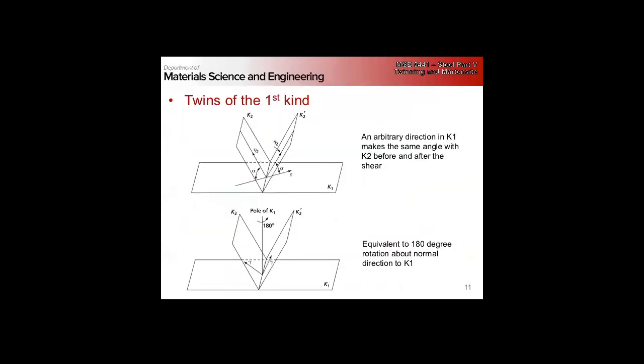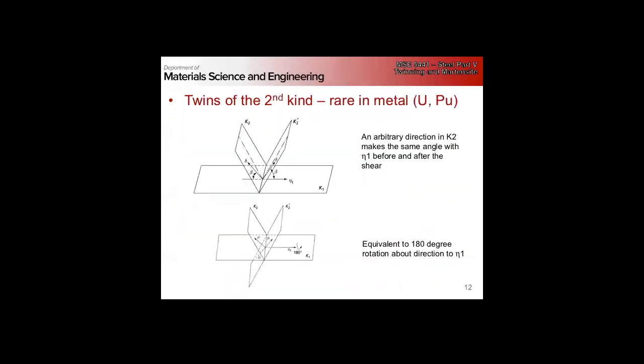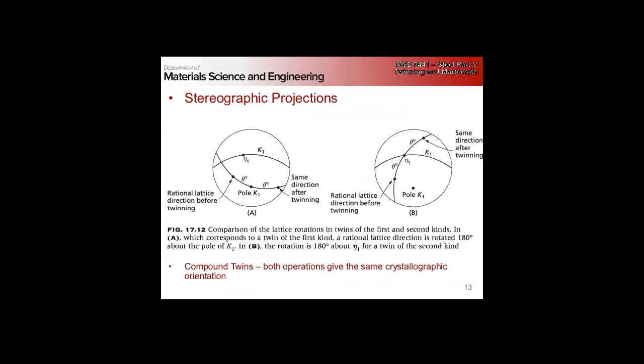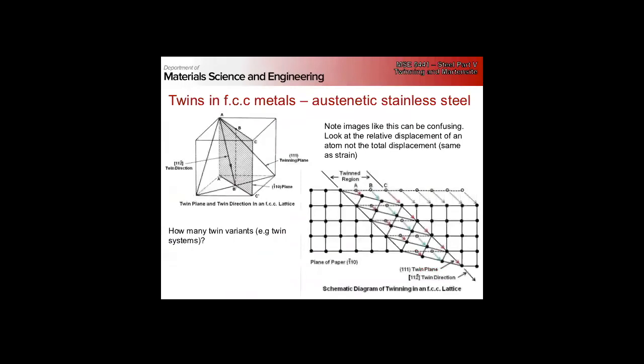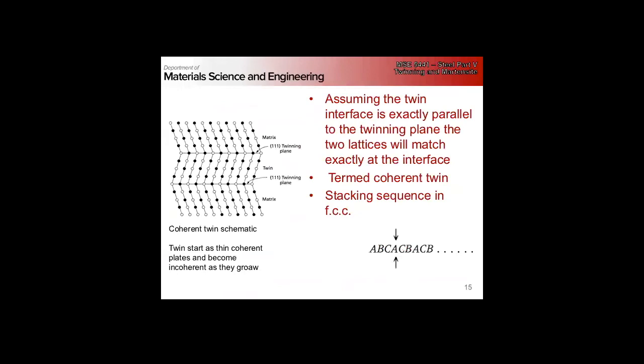And we talked about twins of the first kind and twins of the second kind, and how they affect the stereographic projections. That's not going to be critical for the exam, but we want to keep in mind what our twin system for FCC is going to be, and how a coherent twin interface is going to give us a defect in our stacking sequence.